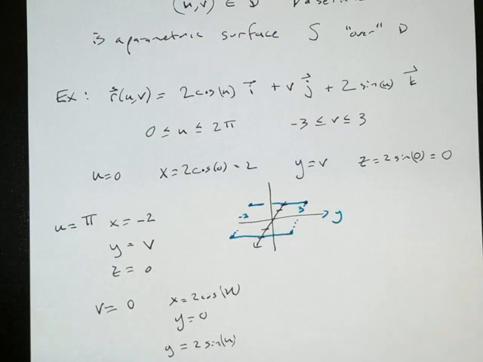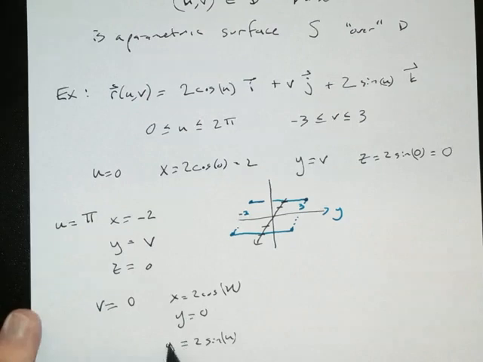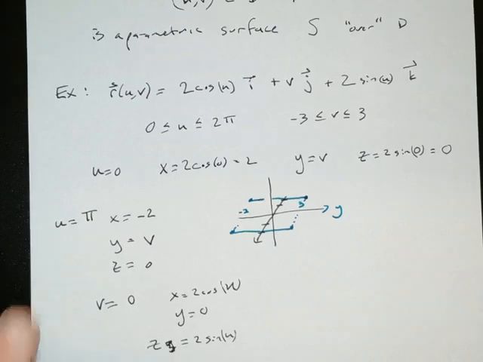That's a shape in the xz plane. Yes, that would be z, not y. Thank you. Helps if I write down the right letter. What's that shape? It's a circle. And it's a circle of radius 2 in x and z.